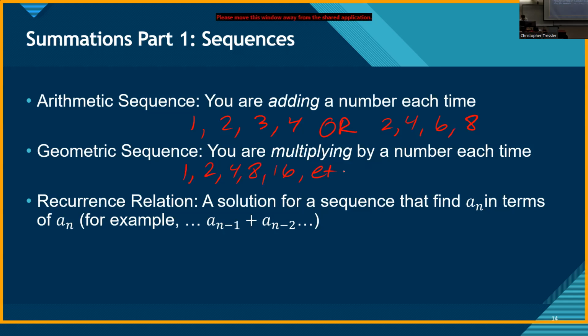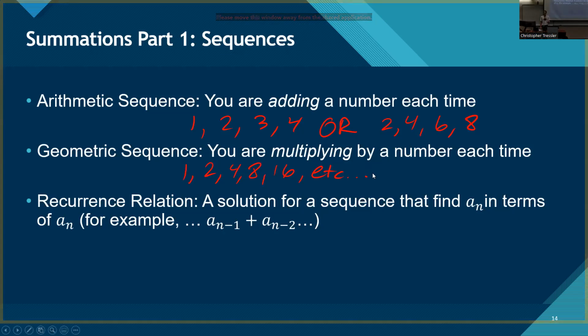And then we have this thing called a recurrence relation, which is not the general form. It's not getting you a direct formula based on n. Notice it sounds like recursion.